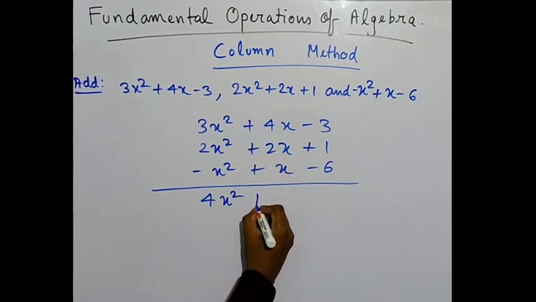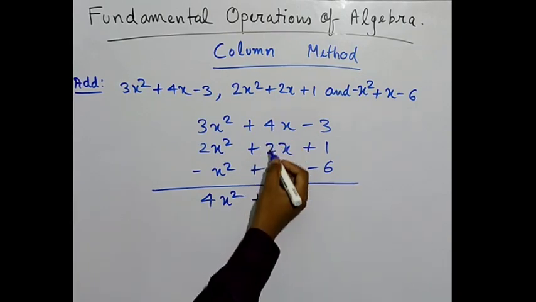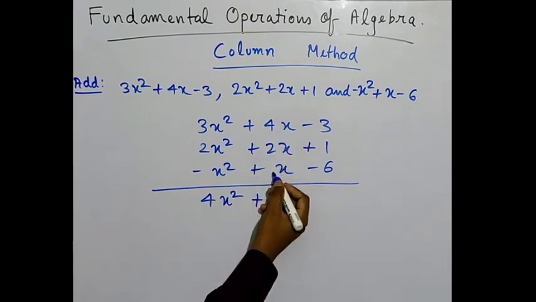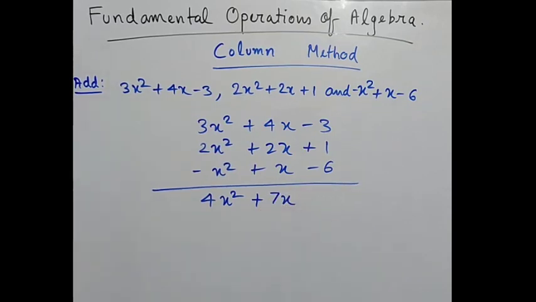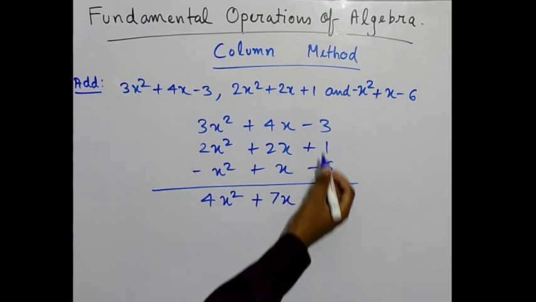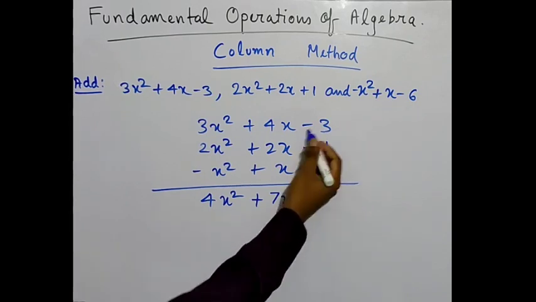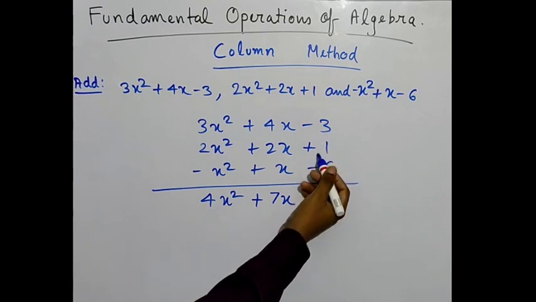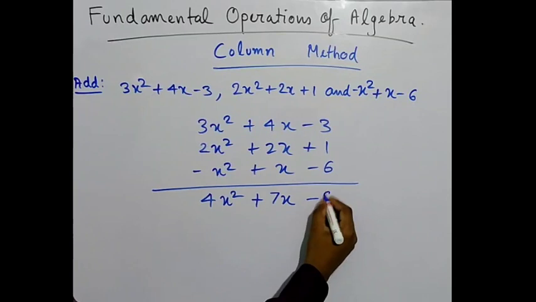Then all are positive here, so bring the positive sign down. So 4 plus 2, 6, 6 plus 1, 7. So 7x. Then negative 3 and negative 6 and positive 1. So negative 3 and positive 1 becomes negative 2, and negative 2 and negative 6, negative 8.